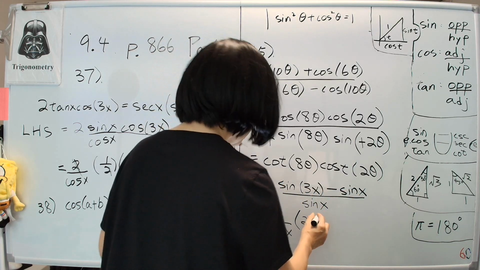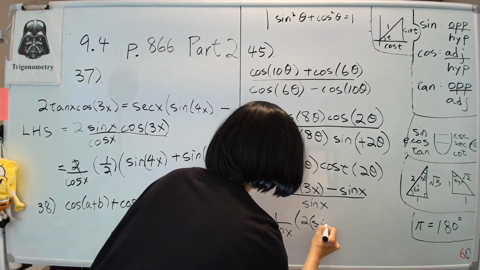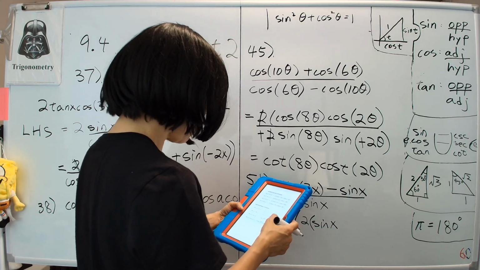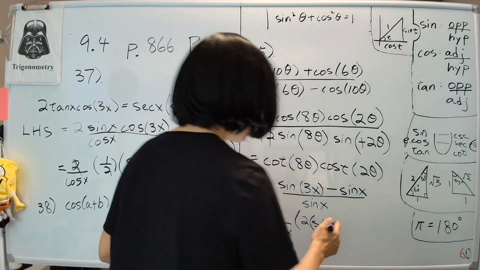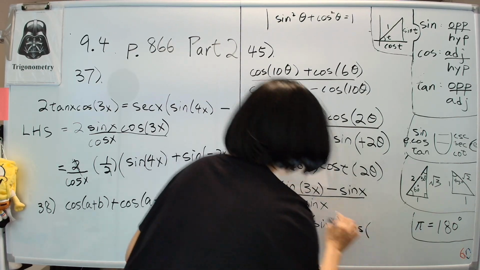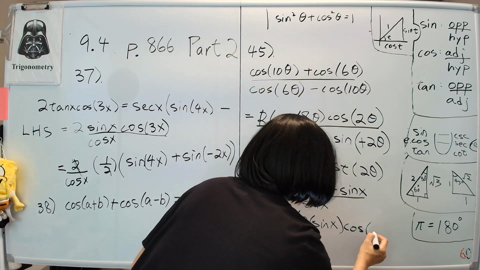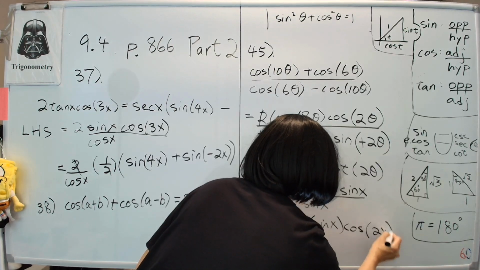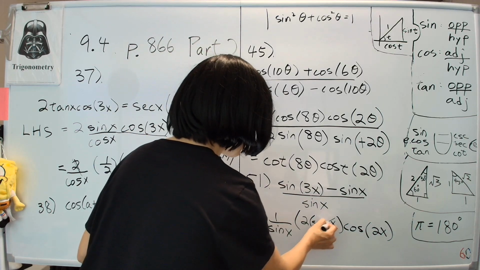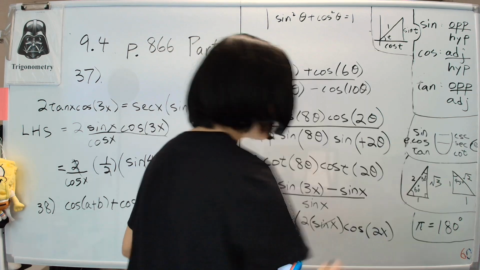So it's 2x, and then divide by 2, so it's just sine x. So 2 times sine x, and then cosine of alpha plus beta divided by 2. That will be 3 plus 1, and then divide by 2. That's 2x. And then if we cancel out one of the sine x's, then the answer is 2 times cosine 2x.